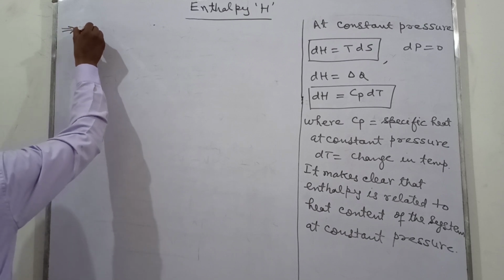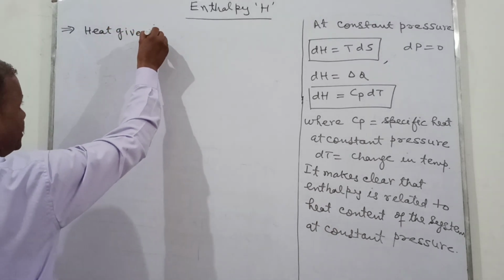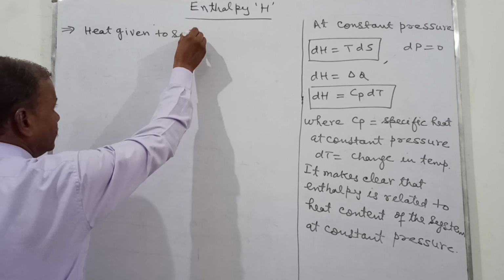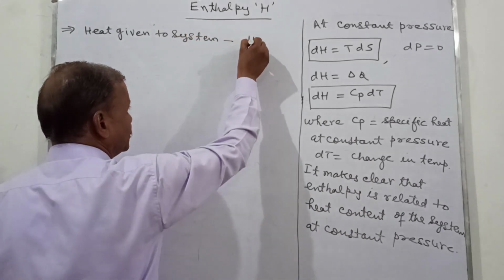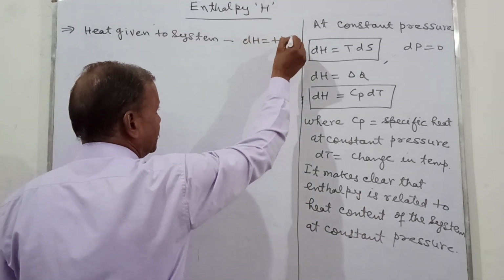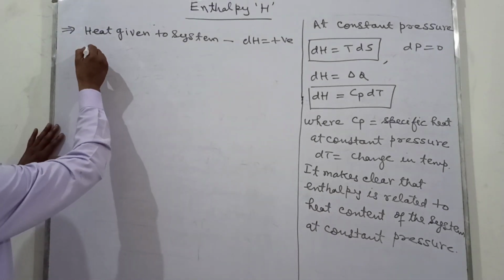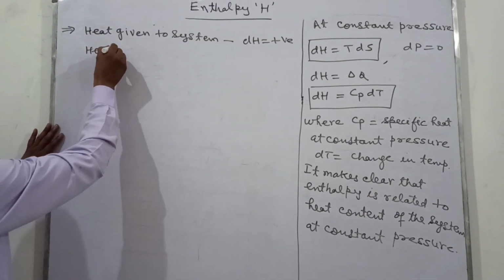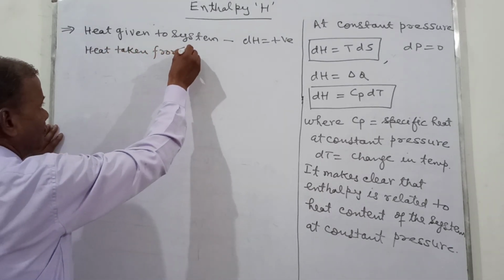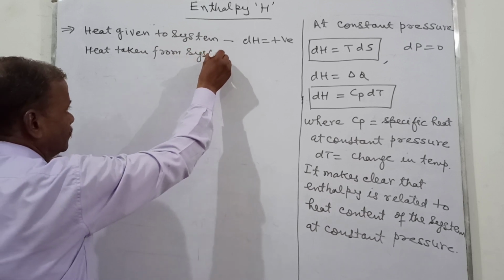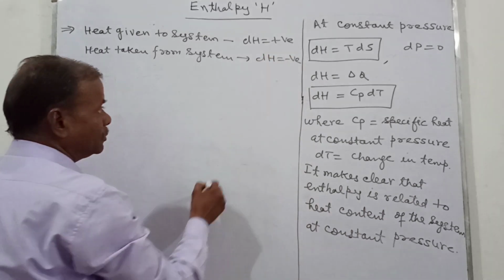When heat is given to the system, it means that dH is positive, the heat increases. When the heat is taken from the system, then this dH is negative.